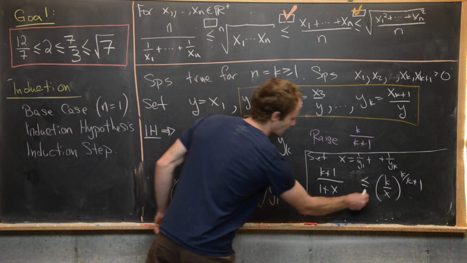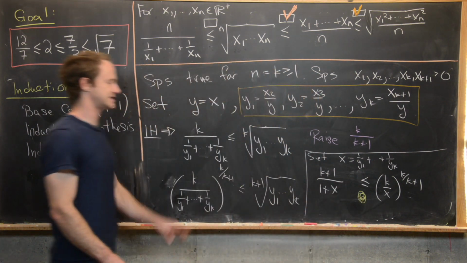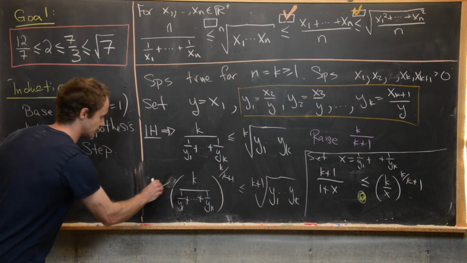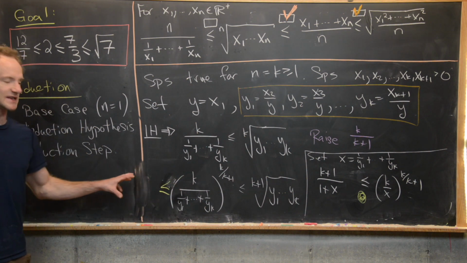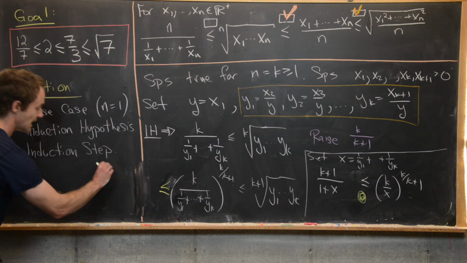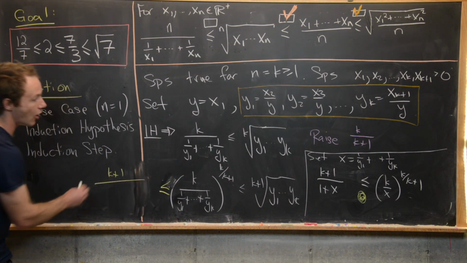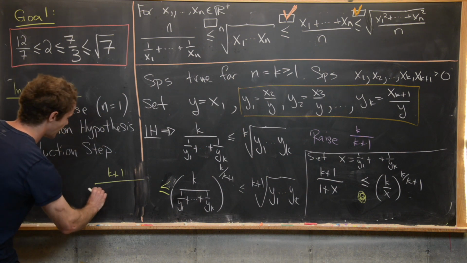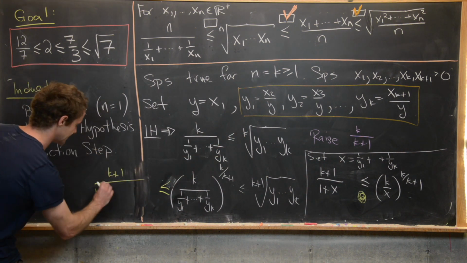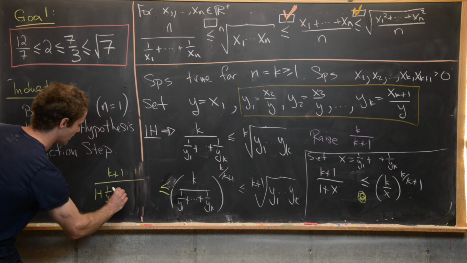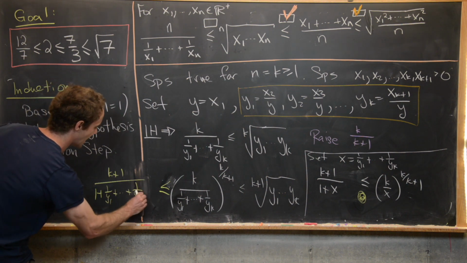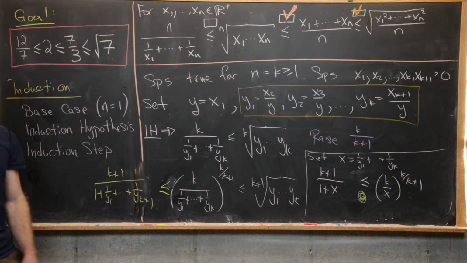So I'll just put like a yellow dot right here to say that if we show that that is true, then we can extend this inequality to the left, and we have k plus 1 over 1 plus x, but notice x is 1 over y1 plus up to 1 over yk plus 1. Great.